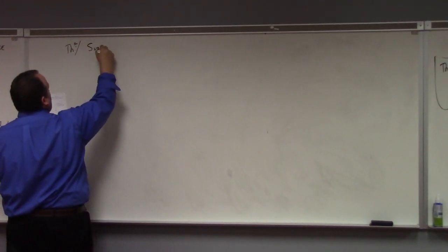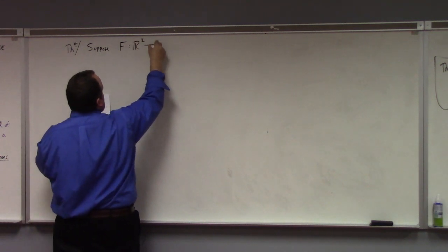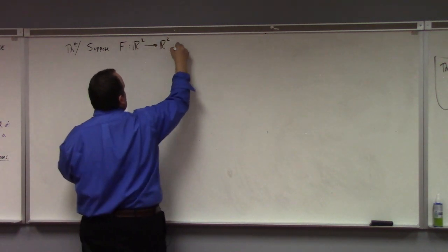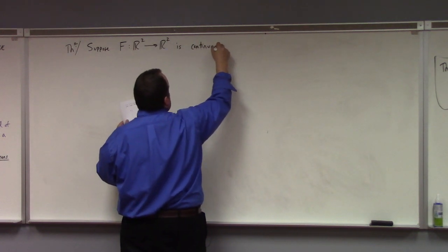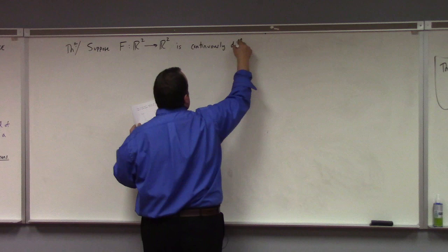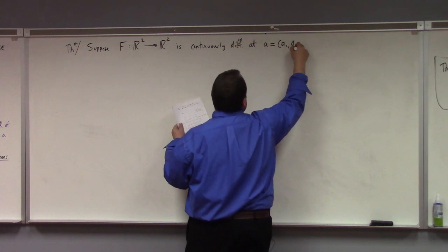Suppose f, a mapping from R2 to R2, is continuously differentiable at A equal to, let's say, (A1, A2).